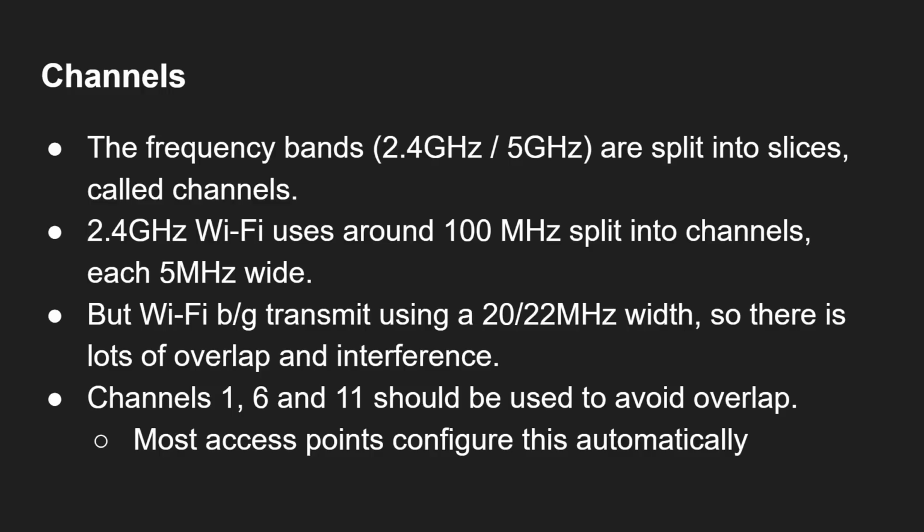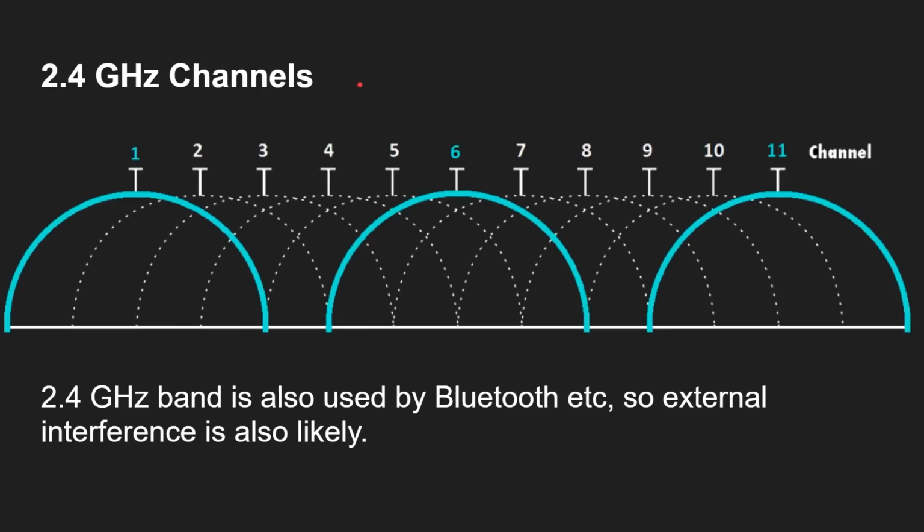So most access points, thankfully, will configure to that automatically, so that when they have a look around, they'll see if there's another device broadcasting on channel 6 nearby, and it will switch to channel 11. But Wi-Fi at 2.4 gigahertz is bad in that sense. There's only 3 channels, and so therefore you can get a lot of congestion. And more than that, you've also got Bluetooth appearing in the same channel range. So here's that picture. You can see here's channel 1, here's channel 2, here's channel 3, and really only 1, 6 and 11 don't have this overlapping clash that the other ones do.